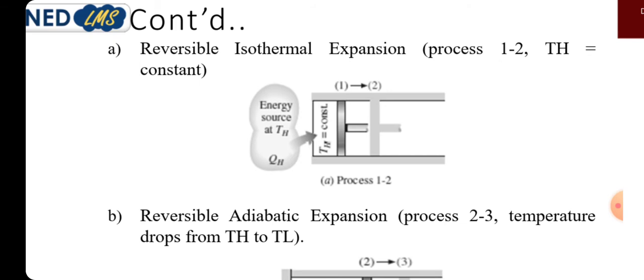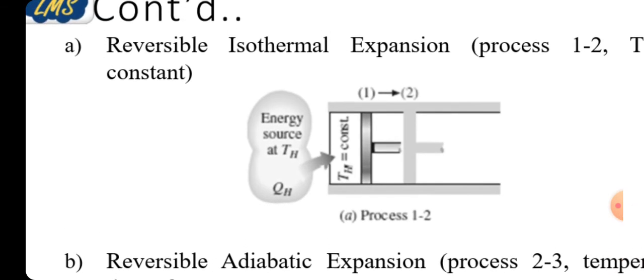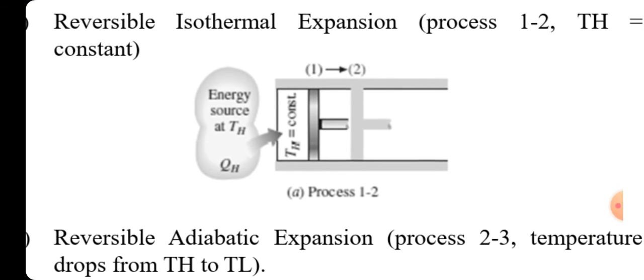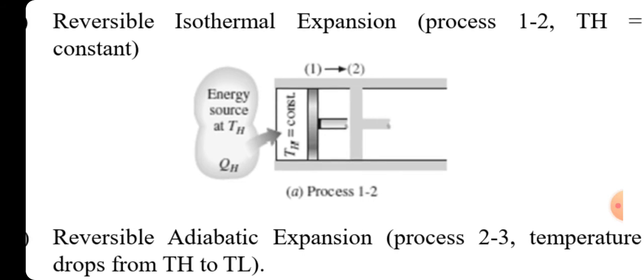As you can see from this picture, we are giving heat to the system. If we fix the piston in place, the heat will increase the temperature. But if we move the piston, the volume will increase, and the energy will be converted into work.